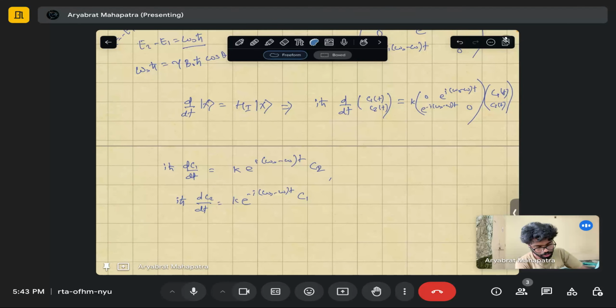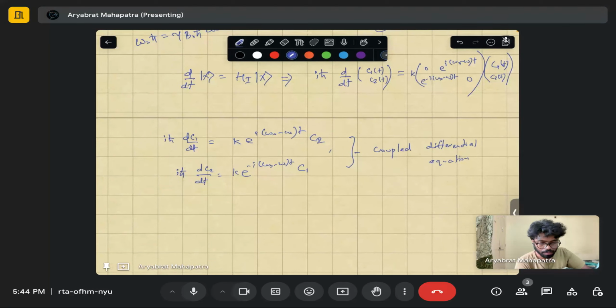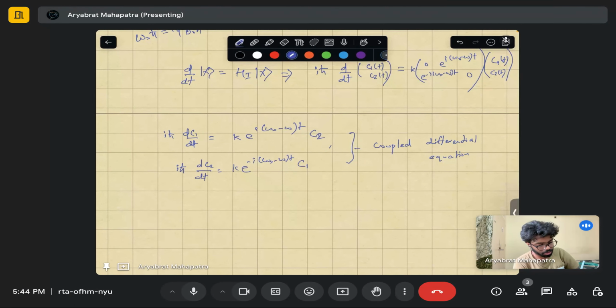Now you see that both these differential equations are coupled. I hope you are aware of coupled differential equations. Yes, okay. This is your coupled differential equation because you have a derivative of C2, and in that expression you have C1.